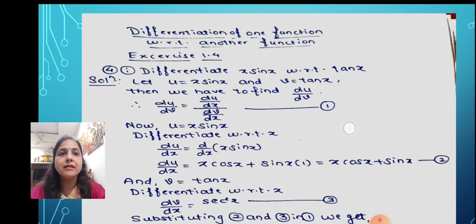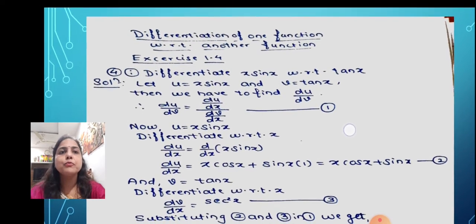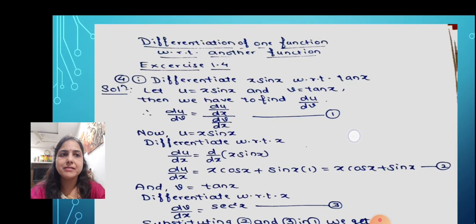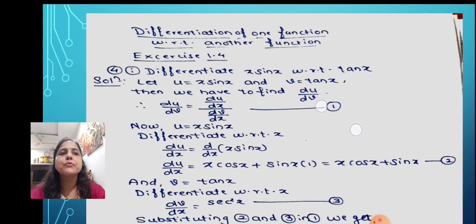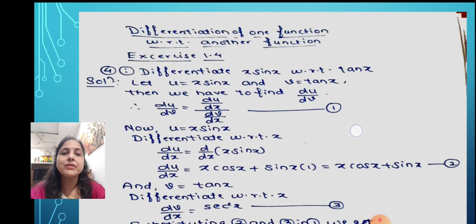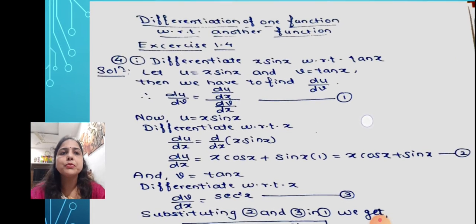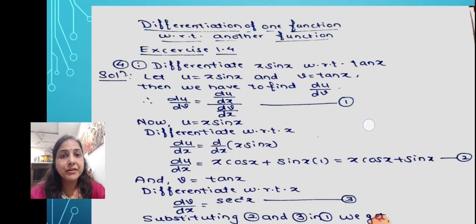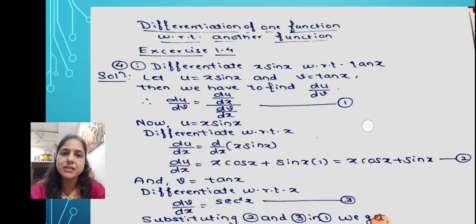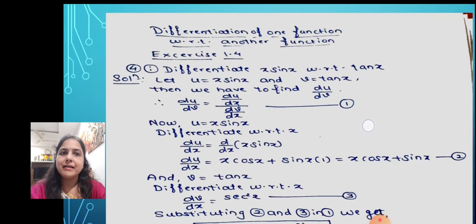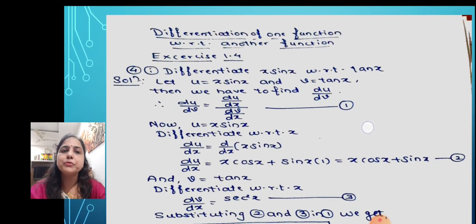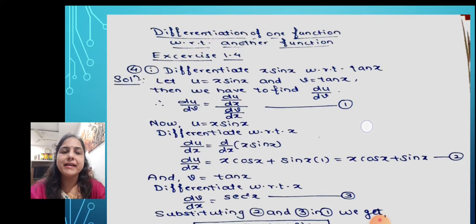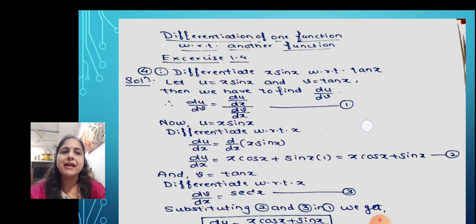By the formula, du by dv is du by dx upon dv by dx. Let us denote it as equation number 1. Now we start with u. What is u? U is x sin x. We differentiate this with respect to x, and we find du by dx. So du by dx is d by dx of x sin x.